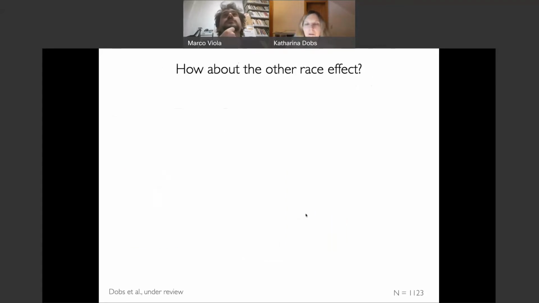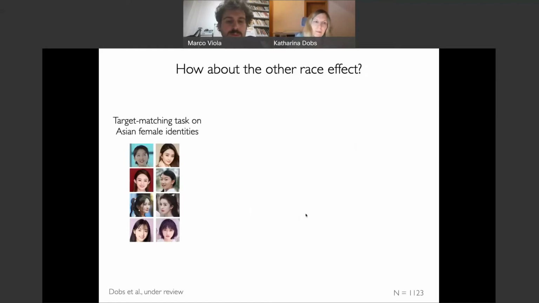Cool. We wanted to look at another effect. We were interested in the other race effect. So the fact that we usually have a harder time discriminating faces that are from a race that we didn't grow up with, or we didn't have lots of experience with in our childhood. In order to test this, we used another stimulus set where we used Asian female identities.